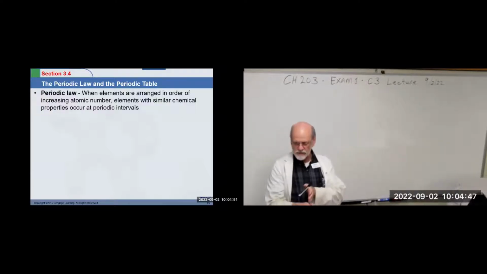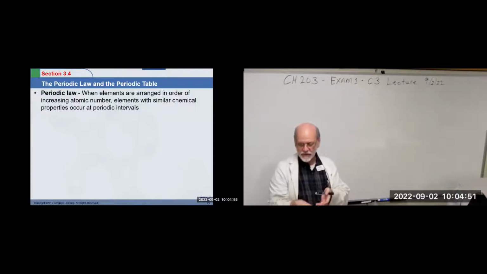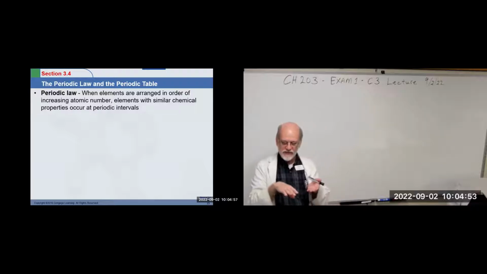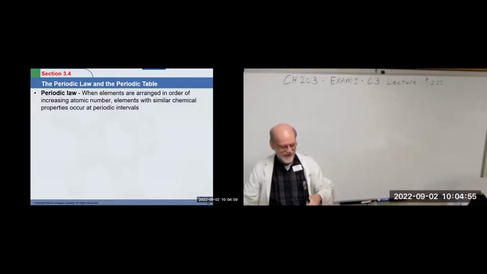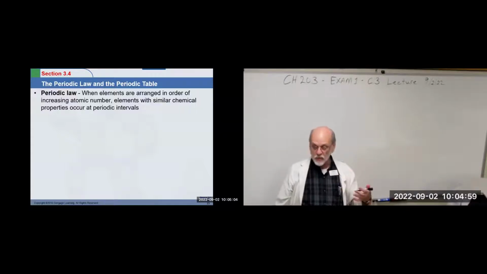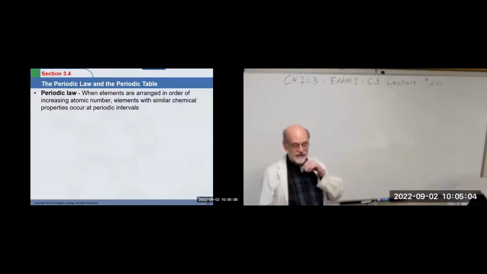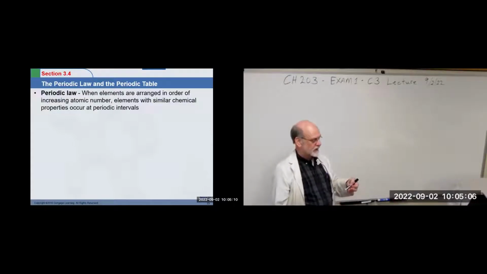So he put those in groups. In fact, the original table, the groups were horizontal. That was his first publication. Second publication, he saw the light and turned them this way. So all of those elements were in these families or groups because they had similar characteristics.